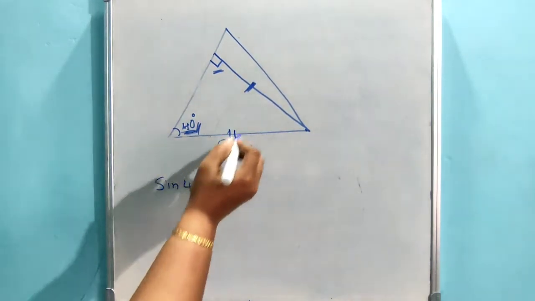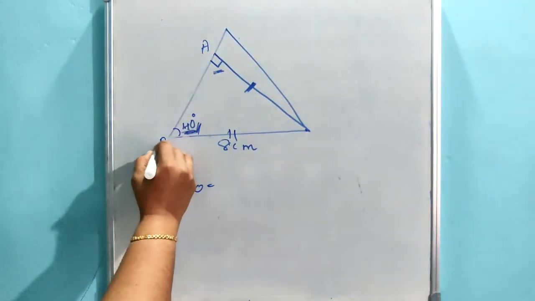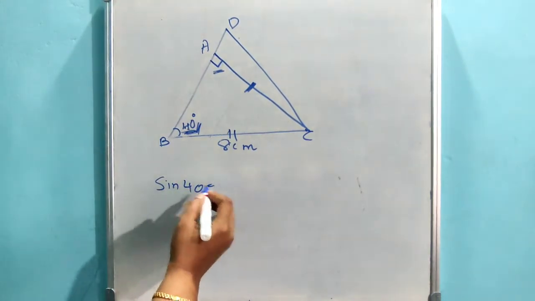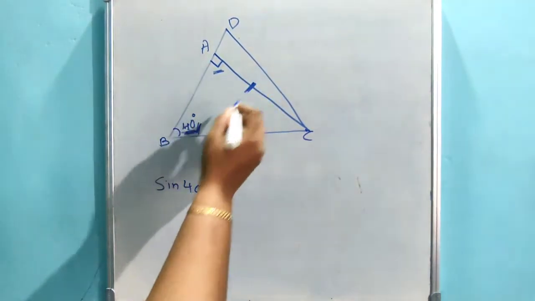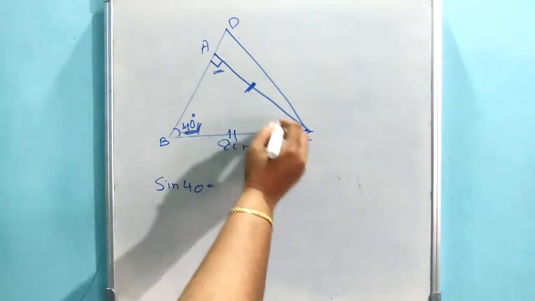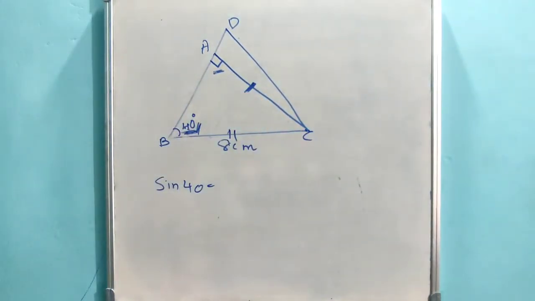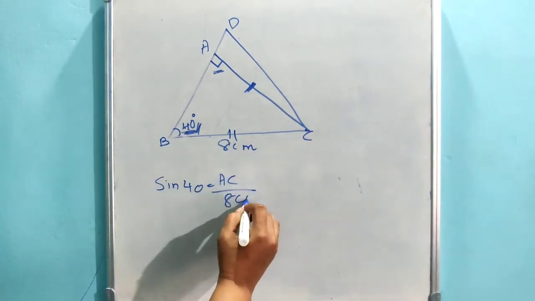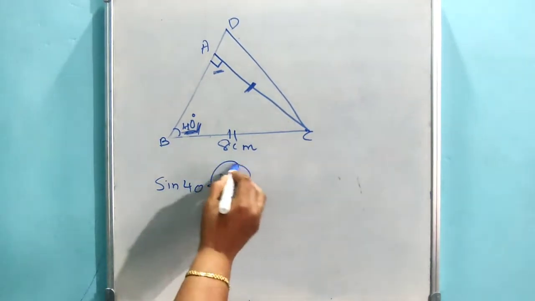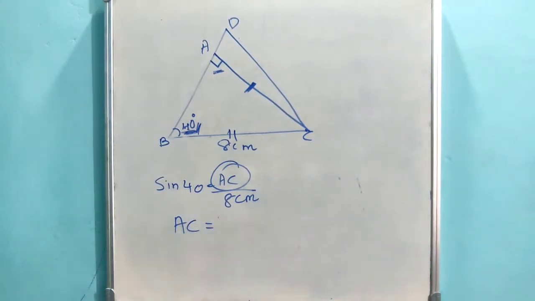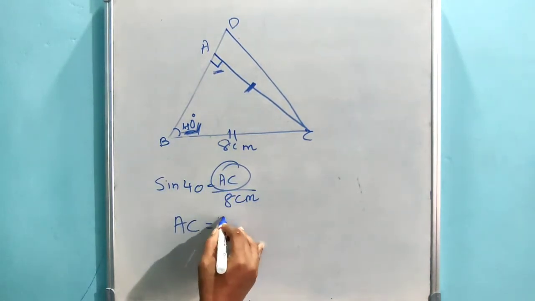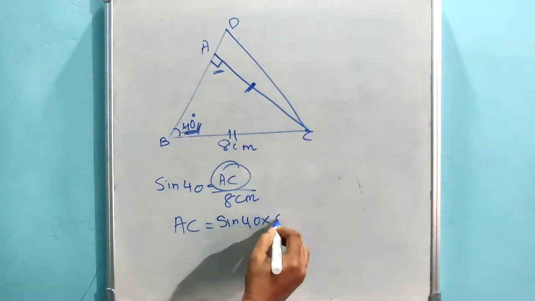If we name this triangle ABCD, then sine 40 is equal to opposite side by hypotenuse. This is the hypotenuse and this is the opposite side of 40 degree. So we have AC divided by 8 centimeter, and we need the perpendicular distance because that is the shortest length between two sides. So AC is equal to sine 40 into 8 centimeter.